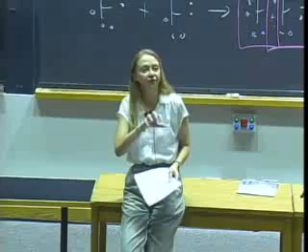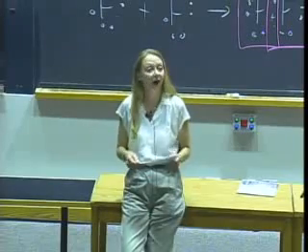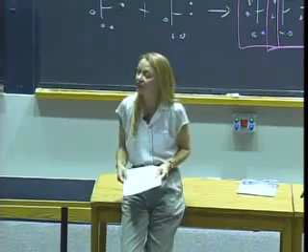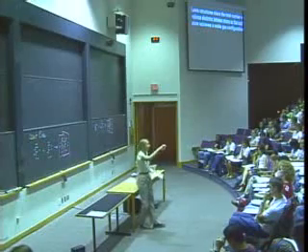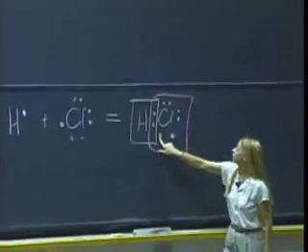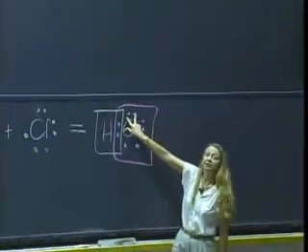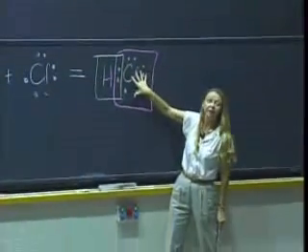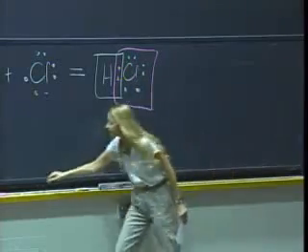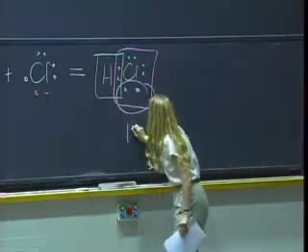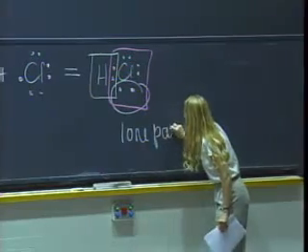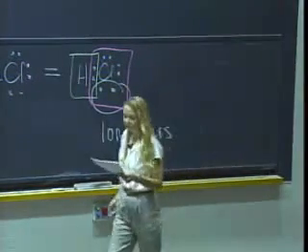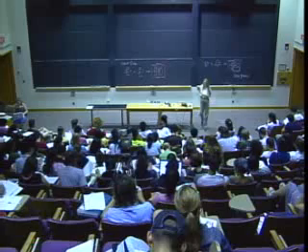It allows you to understand where the electrons are in a chemical bond, on which atoms the electrons are centered, where the lone pairs are, those electrons in the molecule that don't participate in the chemical bond. For example, here in HCl, these two electrons, these two electrons, these two electrons, they aren't participating in the chemical bond. We call these electrons lone pairs, right? That's an important definition that we're going to use.